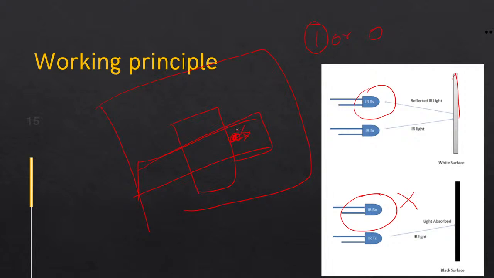If everything is normal and it is not black color, the sensor emits the light and receives the light. So emitting and receiving happens, and it gives 0, which signifies that the sensor is receiving. This way, the motors will be adjusted and follow the line. This is called a line follower robot. Okay.